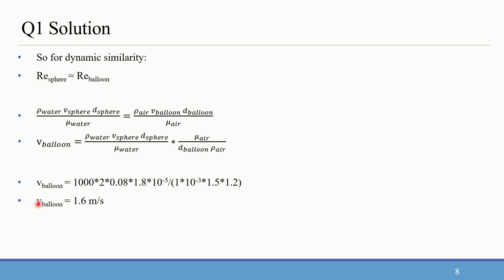So we just substituted the values in the above formula, and after calculation the value we get is 1.6. We'll just cross check it once. Yeah, it is right, 1.6 meter per second. So I hope it is clear.